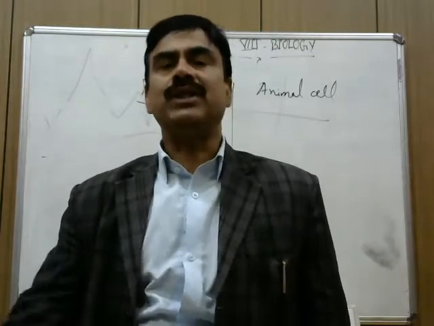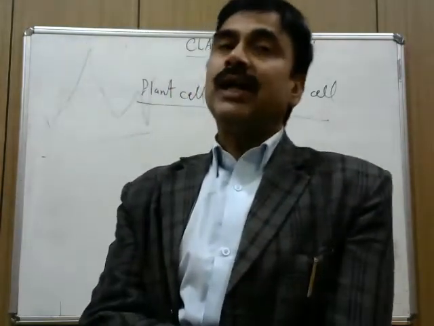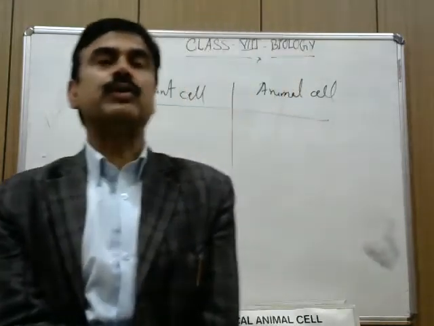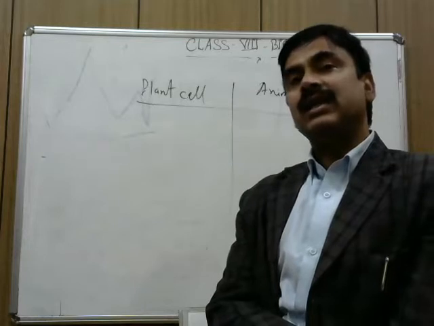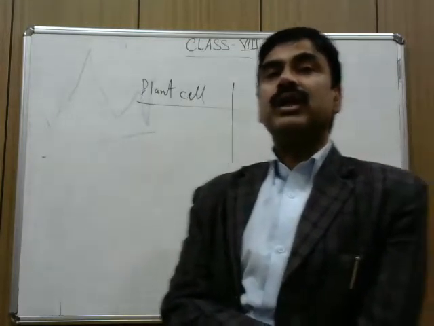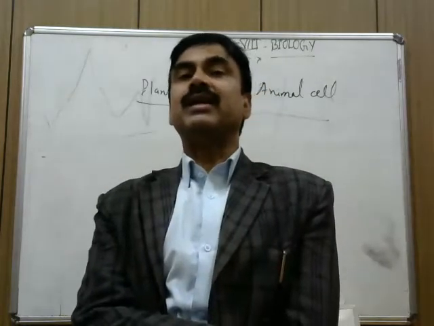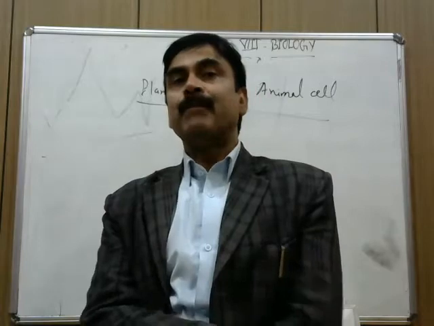In the plant cell there are chloroplasts, which are responsible for photosynthesis of the food, and in the animal cell there are organelles like mitochondria, which are responsible for making energy. That is why it is known as the powerhouse of the cell.